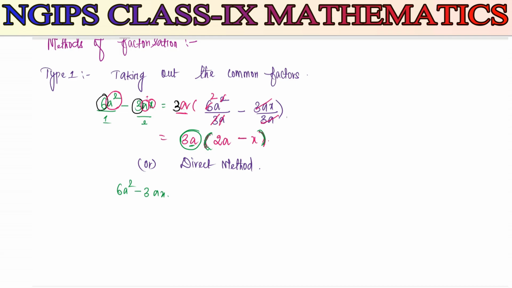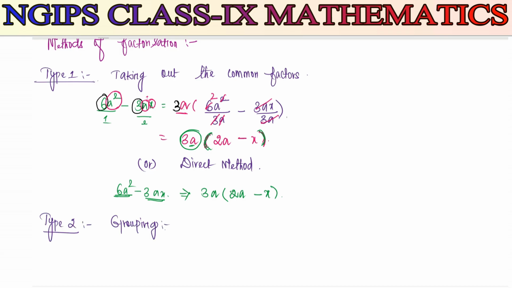So here I can take 3a, the highest common expression, and the leftover quotient we have to write inside the bracket. From 6a square, if I take 3a common, the leftover is 2a; from 3ax, if I take 3a common, the leftover is a minus x. So this is a shortcut method or direct method by taking the common factors.